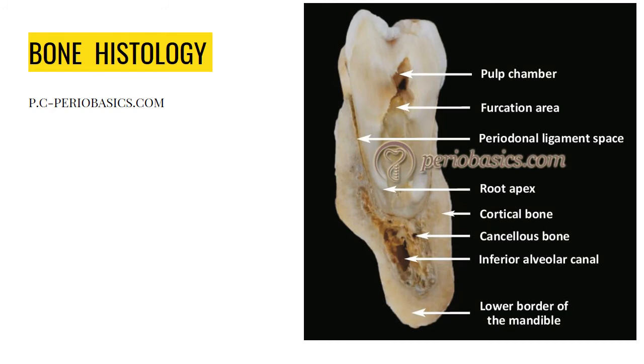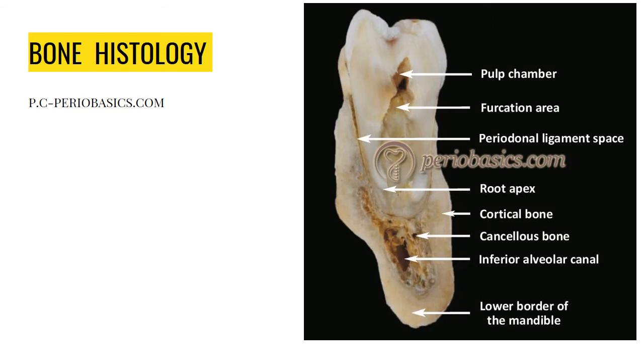Now, we have the cortical bone on the outside. We can clearly compare how the cortical bone is dense, thick, and more or less avascular. So that's why Ricketts proposed the whole cortical anchorage phenomenon. But studies have proven that it is not advocated. So when we have evidence that says it's not a good idea, we'll not be doing it.